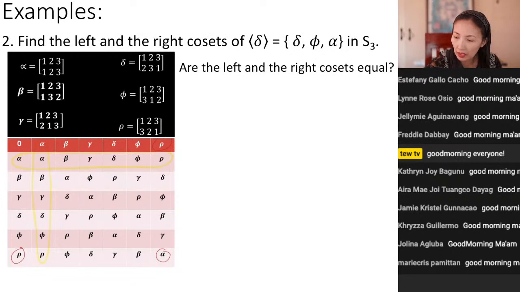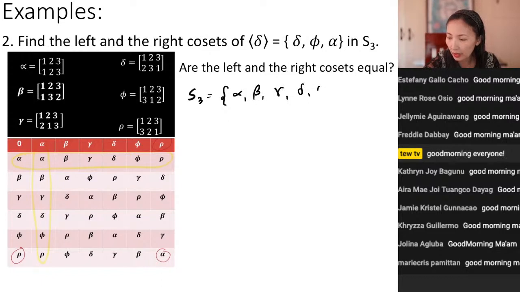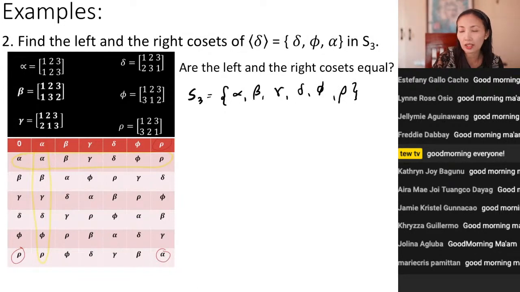Remember that S sub 3 has the elements, I hope you still have your tables with you, but anyway, I have the table here. Alpha, beta, gamma, delta, phi, and rho. So I'd like you to find the left and the right cosets using this table and compare whether the left and the right cosets are equal.